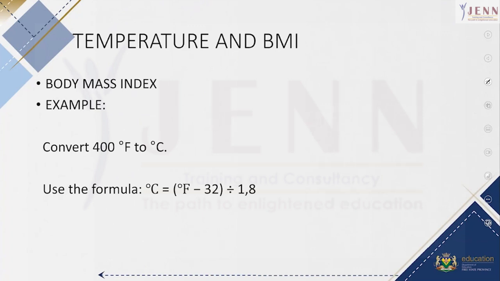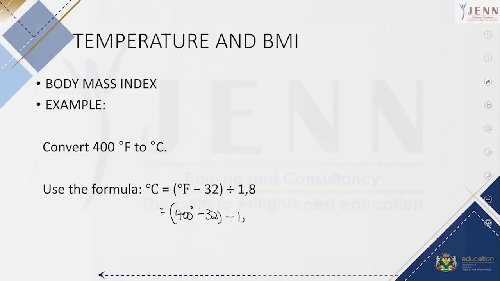What is important here is that you have to substitute correctly. Now, we are given the formula for Celsius degrees. Here you are just going to substitute. You're going to substitute 400 under Fahrenheit. So it's going to be 400 degrees minus 32 degrees.